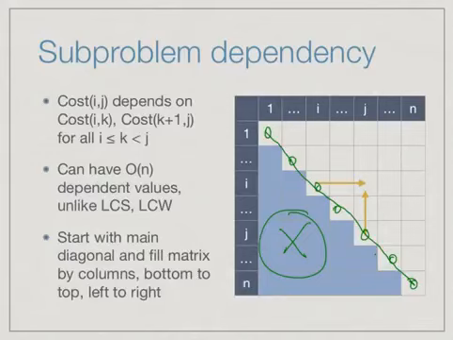Now in order to compute i comma j, I need to pick a k, and I need to compute for that k all the values. I need to compute ik. So if I want to compute a particular entry i comma j, then I need to choose a good k. I can express this in many different ways.